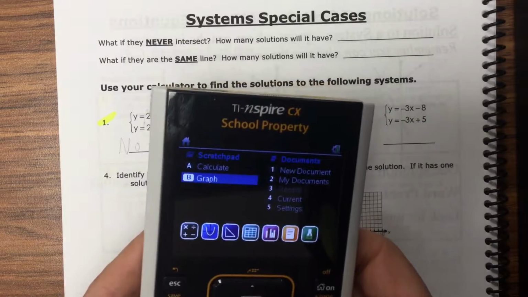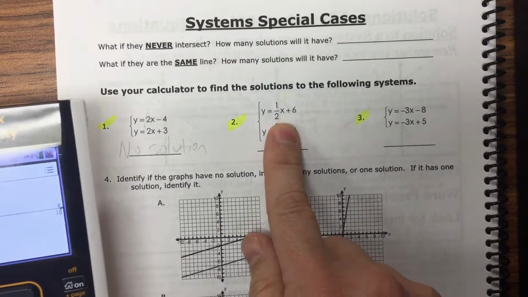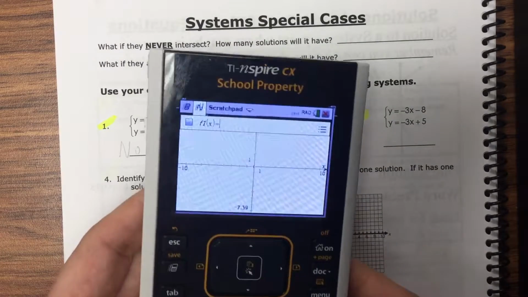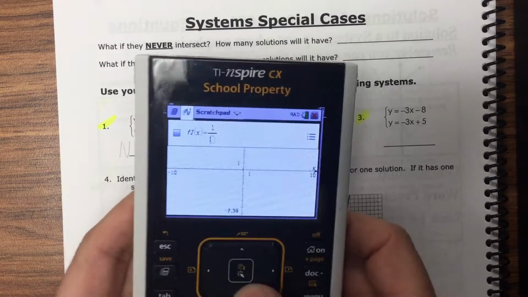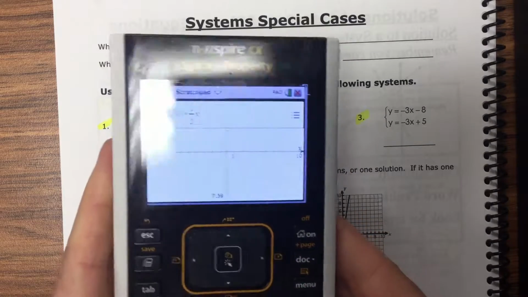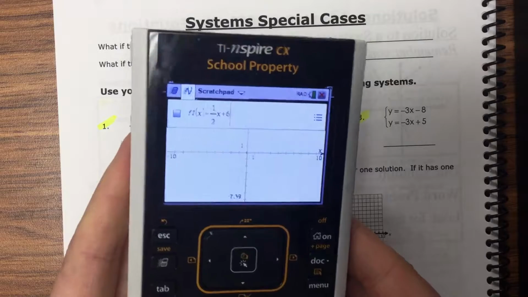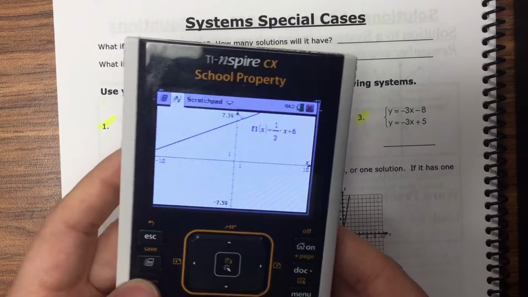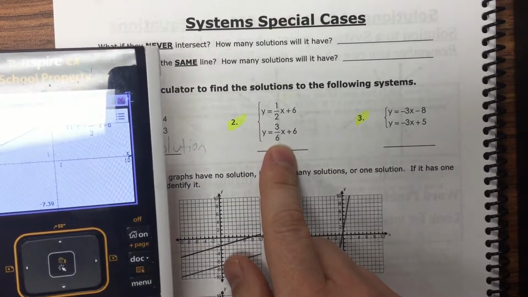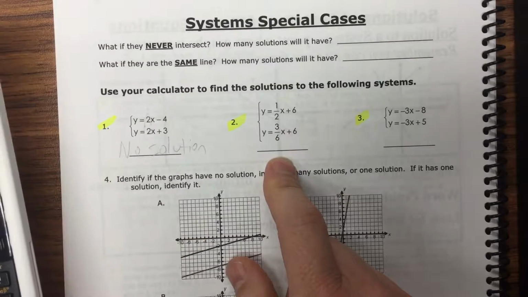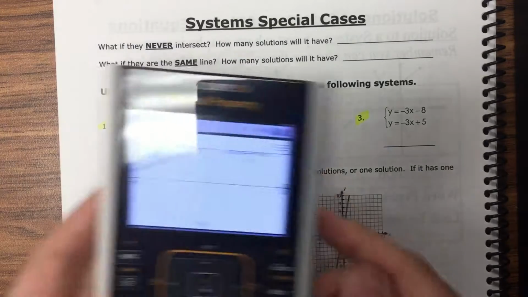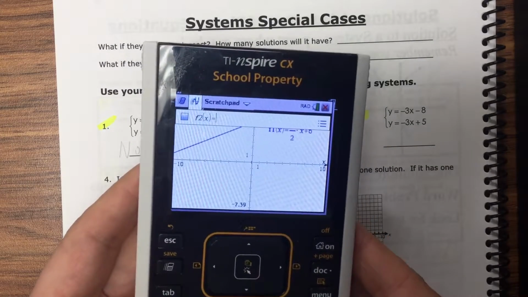Let's go back. Y equals half x plus 6. Okay, enter that. Okay, hit tab. Y equals 3/6x plus 6. Okay, let's type that in.